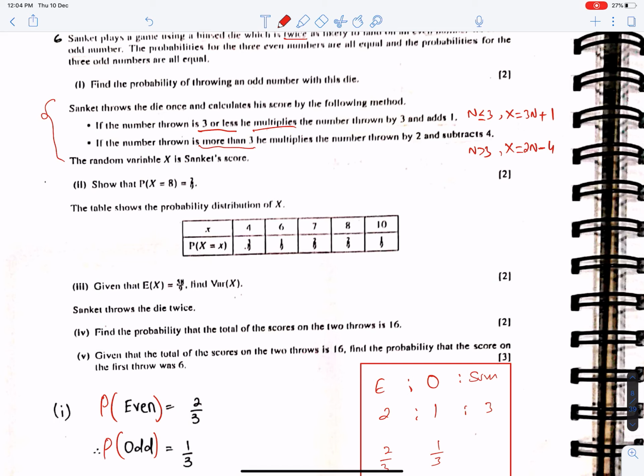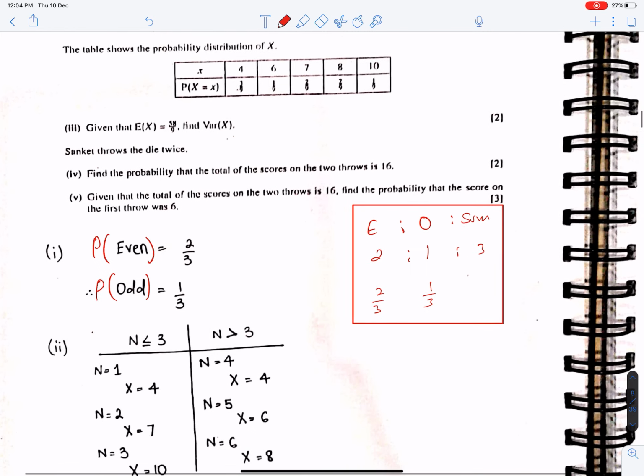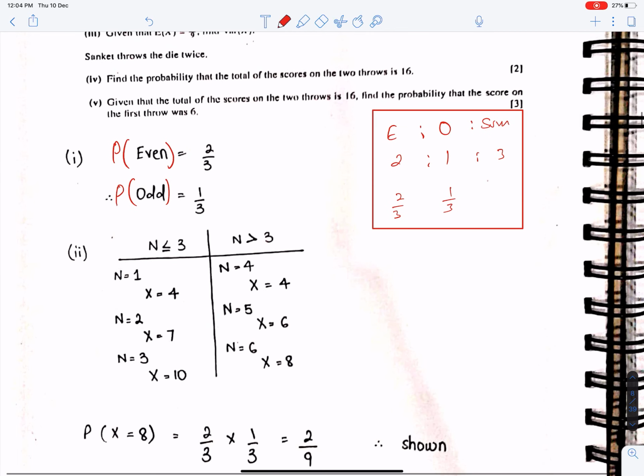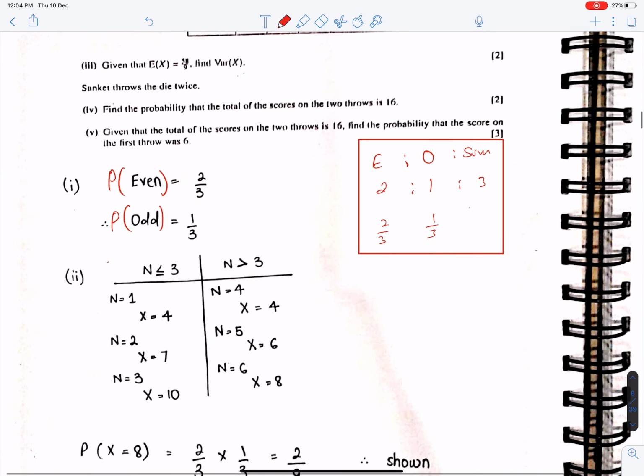Well, show that the probability of X equals 8 is 2 upon 9. Now this is very simple. You can get score 8 by throwing the number 6. When he throws the number 6, then he can get score 8.